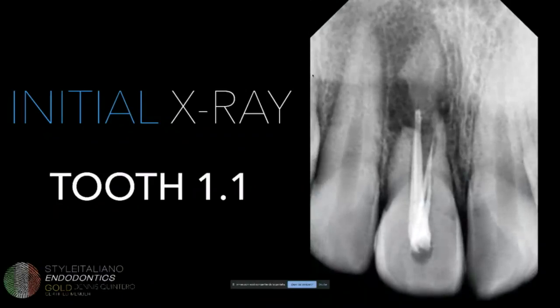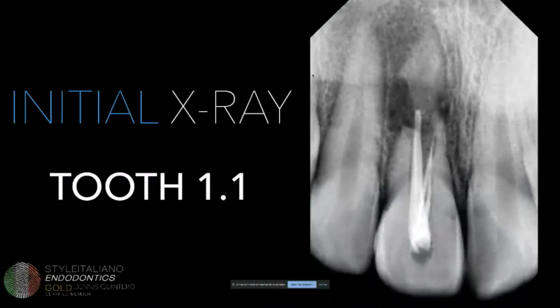So this is a very difficult case because this tooth also has a lot of bone loss. In these types of cases, we have to think about what kind of treatment we have to do. We also have to make a good diagnosis to make sure what treatment plan we can make for this patient.